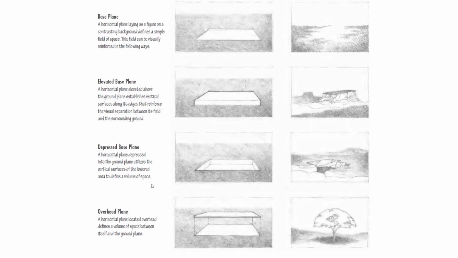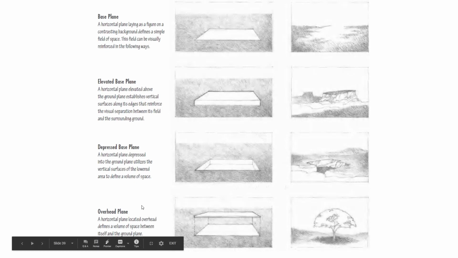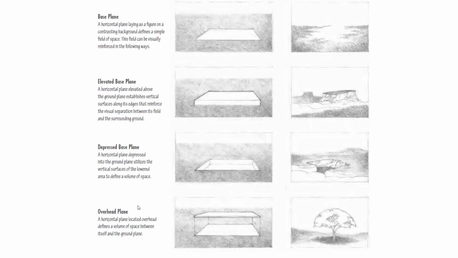So a depressed base plane: our horizontal plane depressed into the ground. The ground plane utilizes the vertical surfaces of the lowered area to define volume. So this actually creates depth to a space with this hollowing out of the plane. And then you have your overhead plane: our horizontal plane located overhead defines a volume of space between itself and the ground plane.